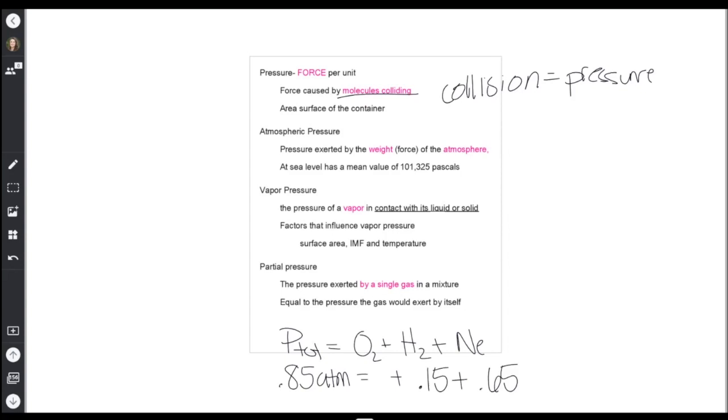This is totally unrealistic, but so then you get a total of 0.8. So then how do I get to 0.85? This would have to be 0.05. So partial pressure just says that the total pressure is made up by a bunch of different gases having their own individual pressure. So that's how you get, like at 1 atm, it's not just one gas that's giving us atmospheric pressure. There's all the gases around us giving atmospheric pressure. All right, are we good?